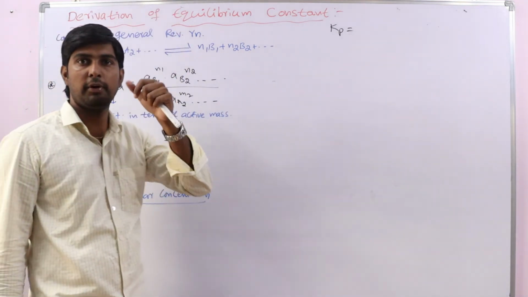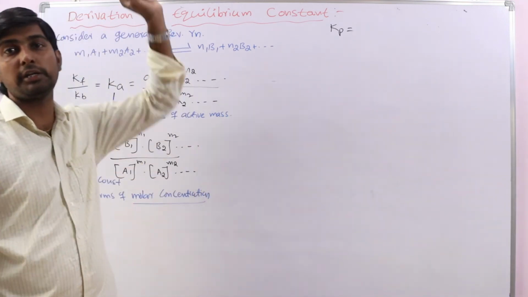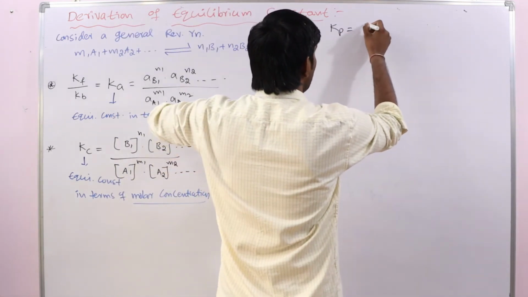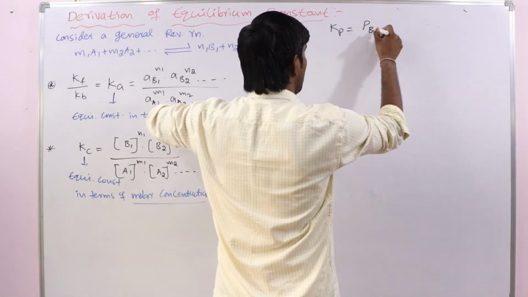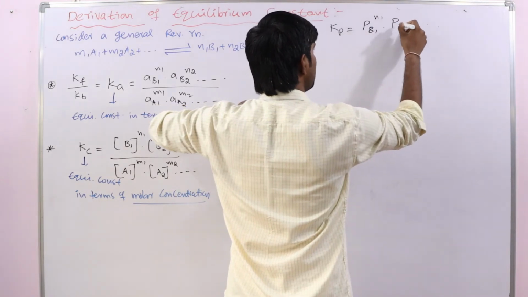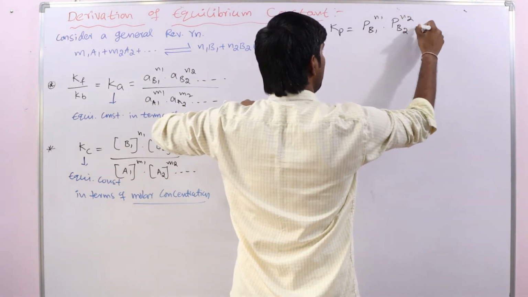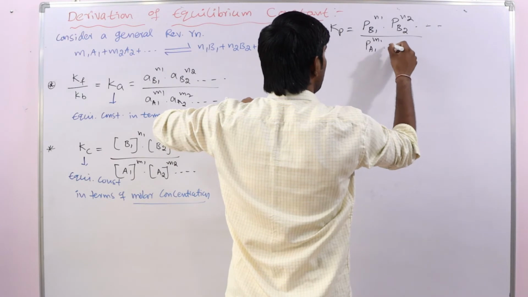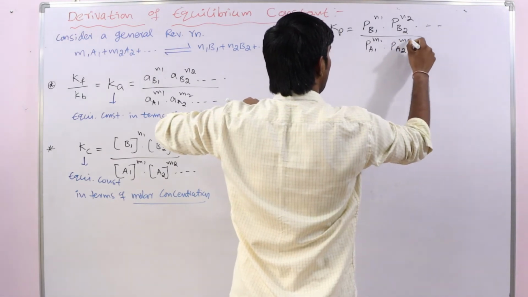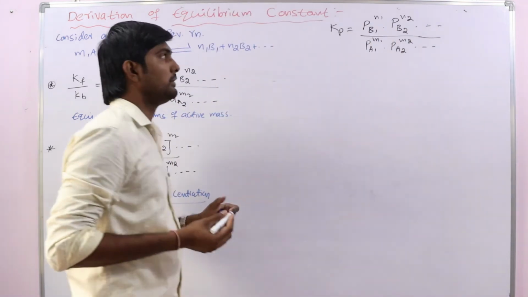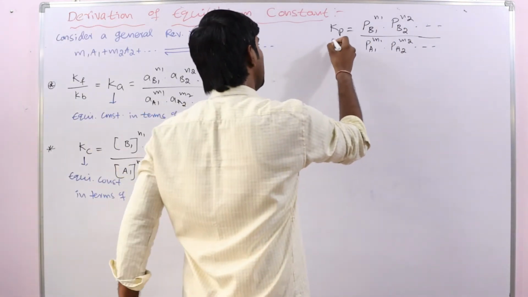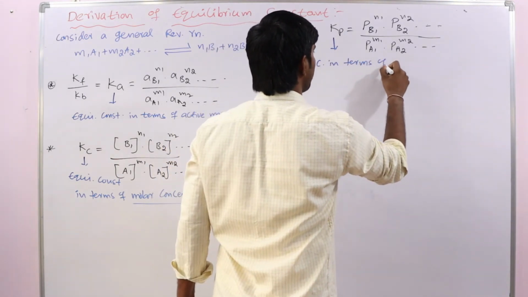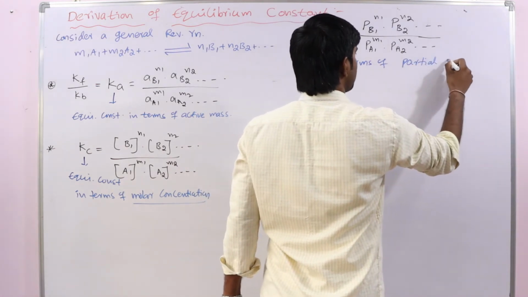For ideal gases, active mass equals partial pressure, so we substitute partial pressure: partial pressure of B1 to the power N1 times partial pressure of B2 to the power N2 and so on, divided by partial pressure of A1 to the power M1 times partial pressure of A2 to the power M2 and so on. This is Kp.